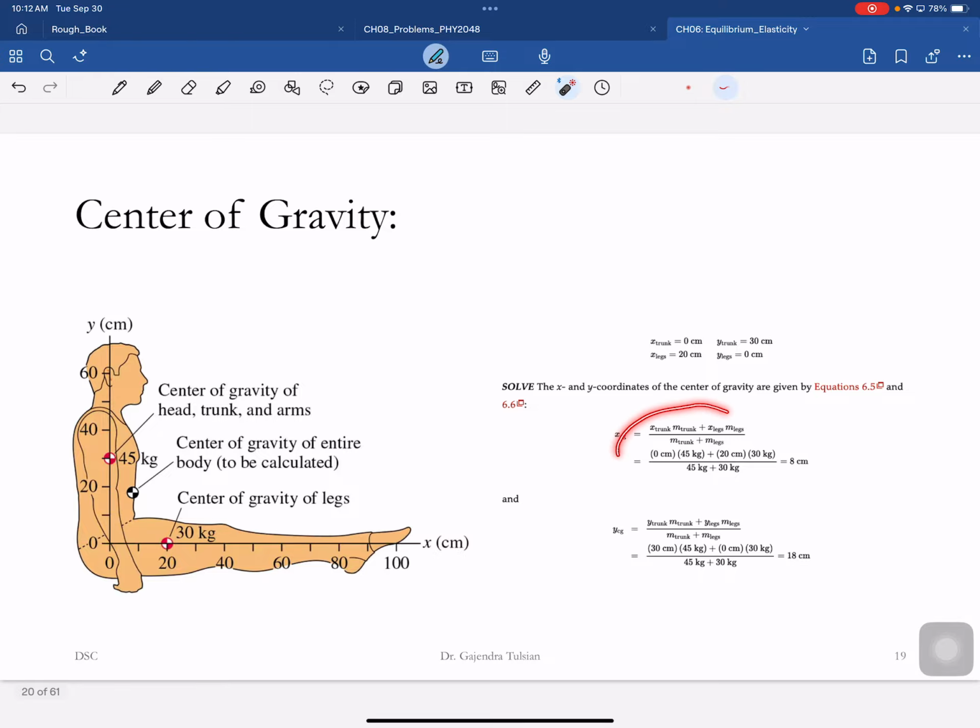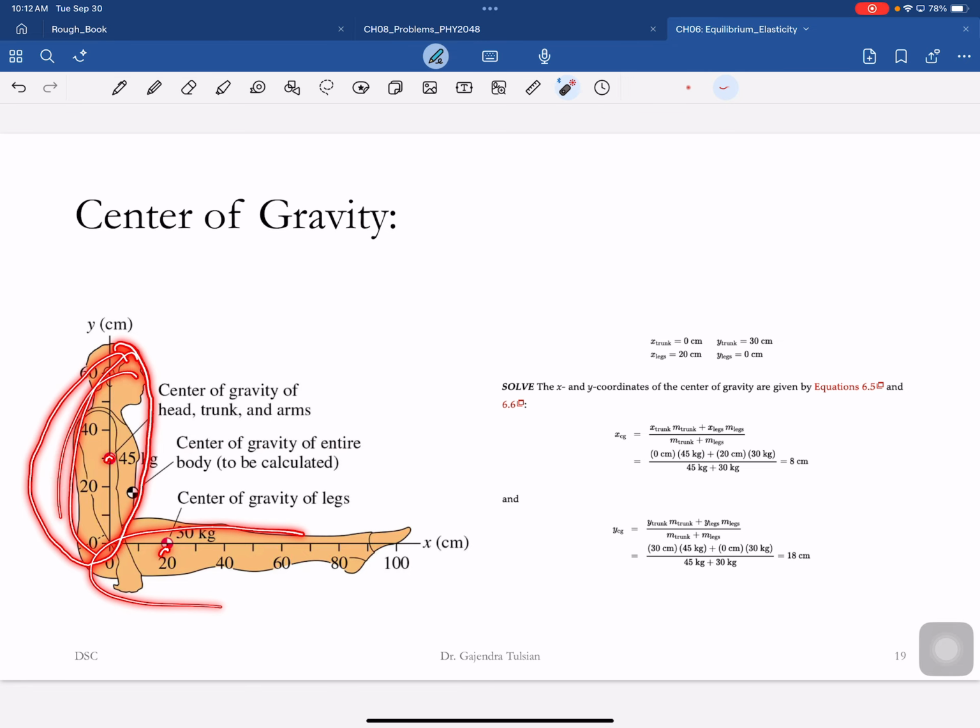This shows you the calculation of the center of gravity. His body is broken up into two parts, the torso and the legs. There is the center of gravity of the leg, and there is the center of gravity of the torso. You don't have to memorize this, I'm just showing you in case you will need it in the future.